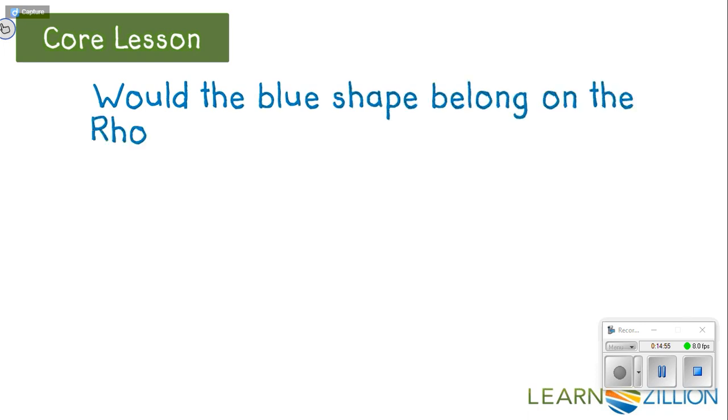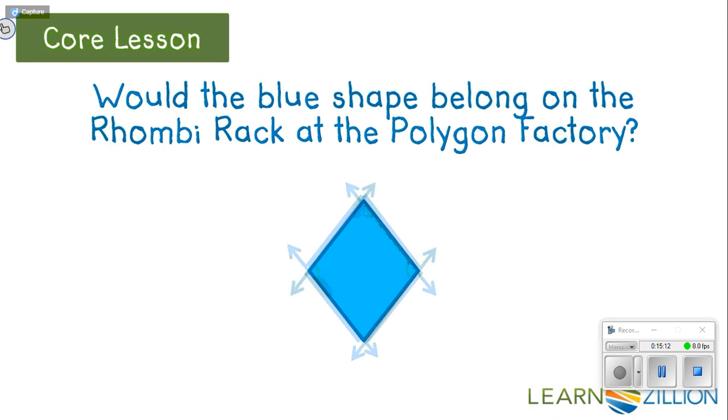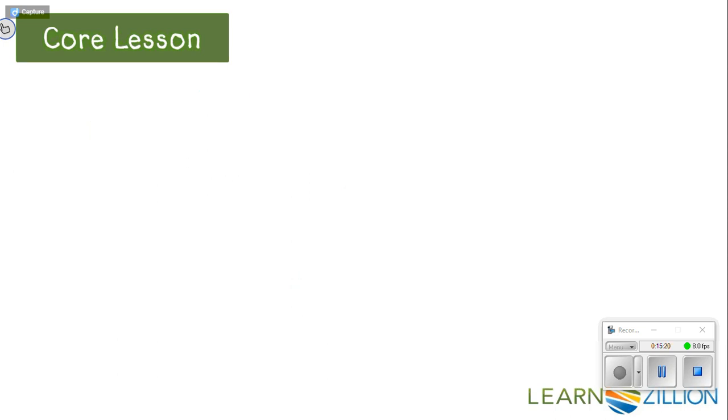Would this shape belong on the rhombi rack at the factory? Let's think about those three attributes. Our first was 4 congruent sides. We can see they are. How about opposite sides parallel? They are. And finally, are opposite angles equal? We can see they are. This shape has all three attributes and belongs on the rhombi rack.